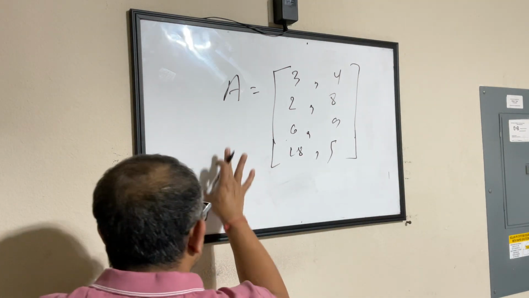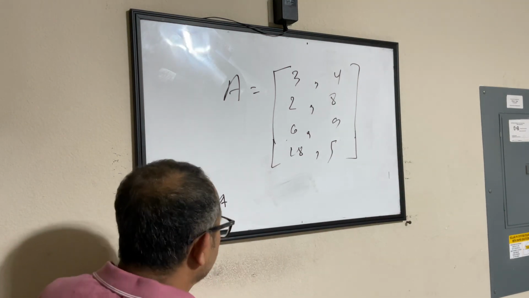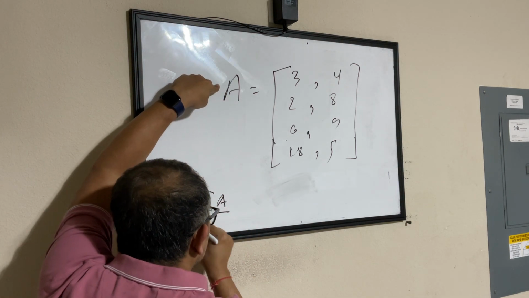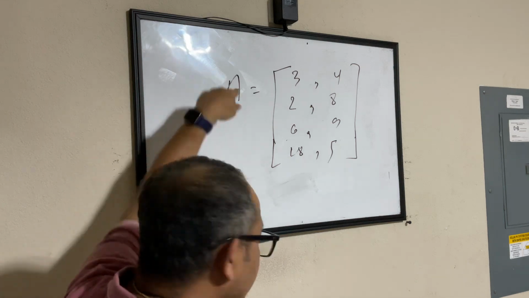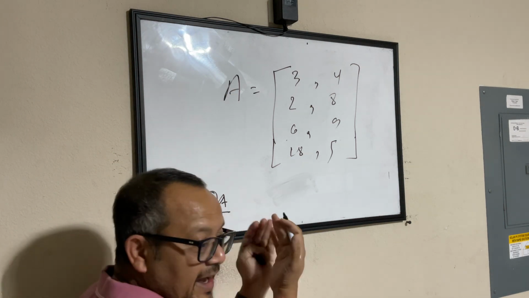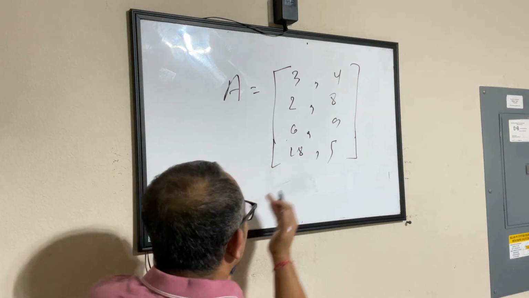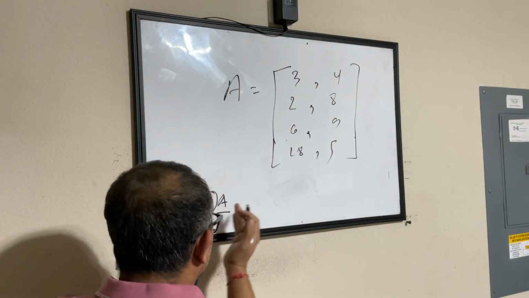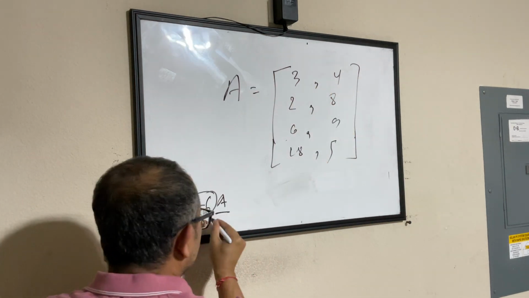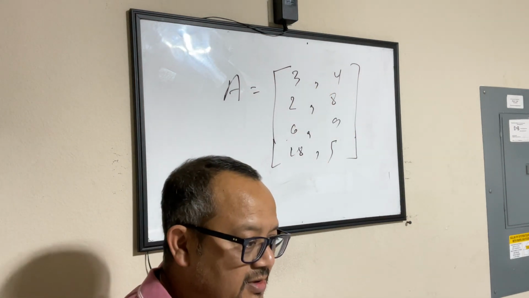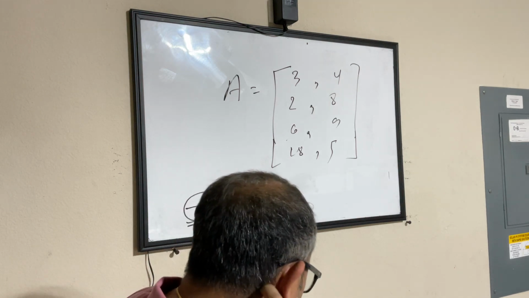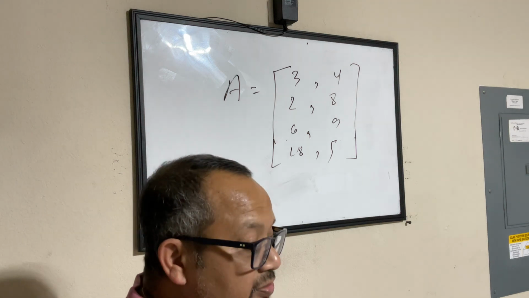If somebody says minus 6A, it is multiplied by minus 6. That means we are not looking at A as an individual entity. It is made of these elements. So when you are multiplying A by this, that essentially means you are multiplying each and every element by that value. Yeah? Yes, sir.